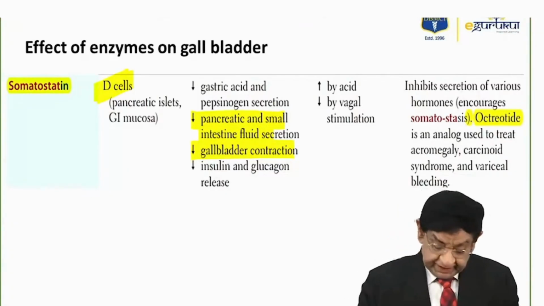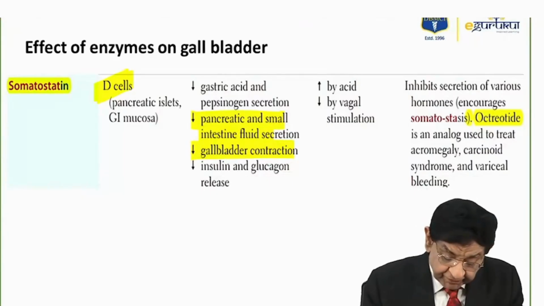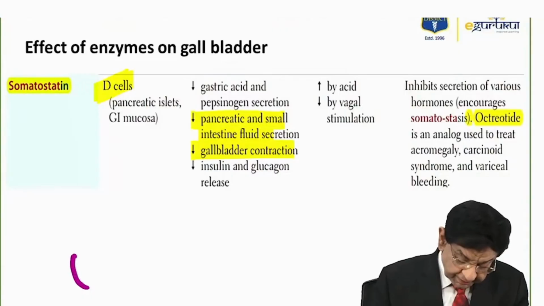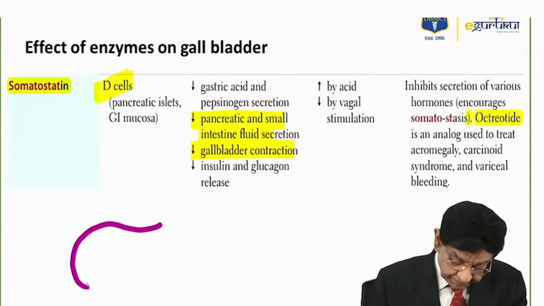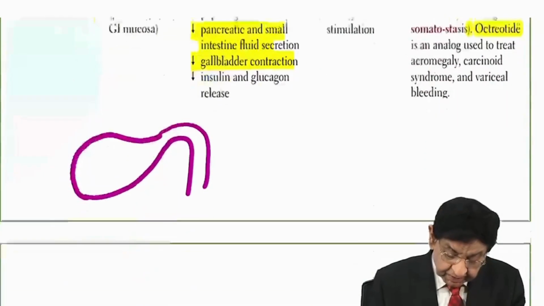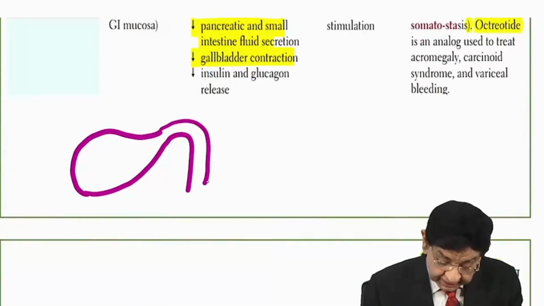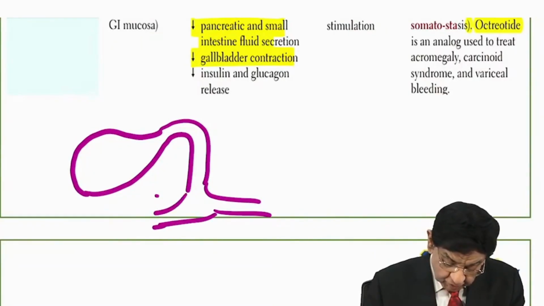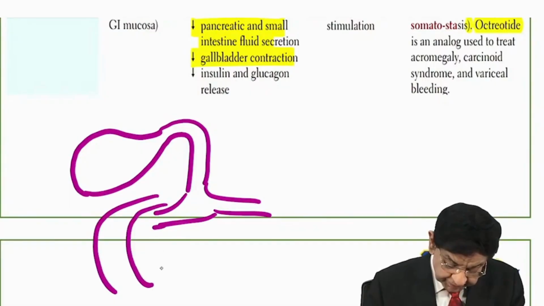So if I have to draw a diagram for you, this is the gallbladder, and ultimately this comes down, and this is the pancreatic duct, and this opens in the duodenum.